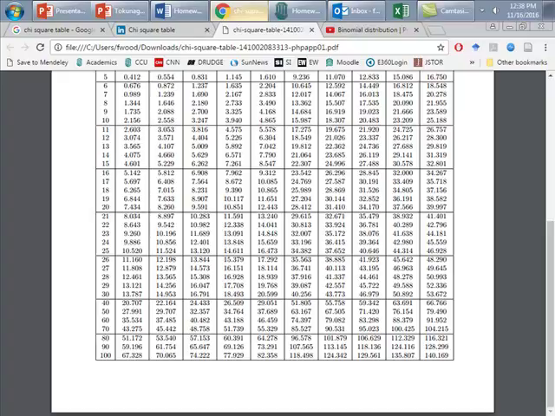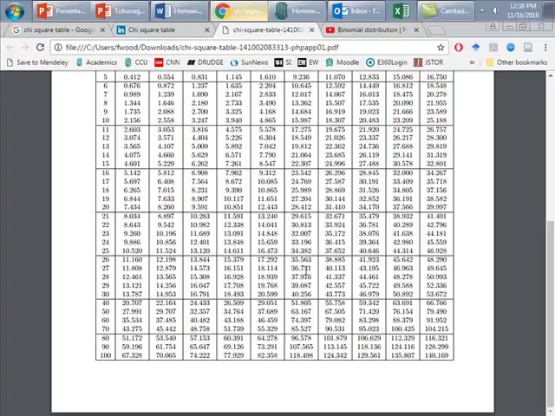If you have a situation where you're sort of in between, let's say your degrees of freedom is 55, and you're not sure whether to use the number for 50 or 60, I usually say round up to 60. That way you won't falsely reject a null hypothesis that you should have accepted, or not accepted, but not rejected. Okay? So that's how these work.